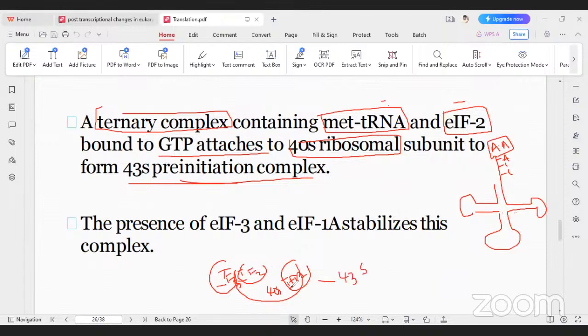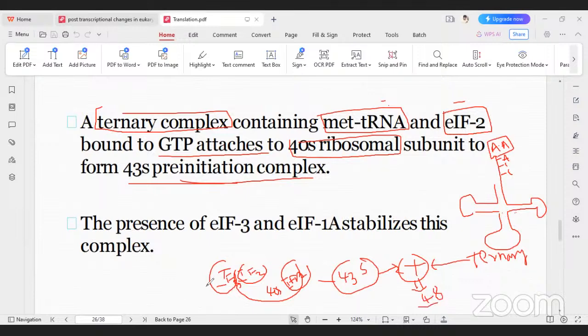Now the 43S initiation complex and the ternary complex, both attached, form the 48S. This is the ternary complex. This is 43S, right? Now the ternary complex and 43S both attached and formed as 48S.